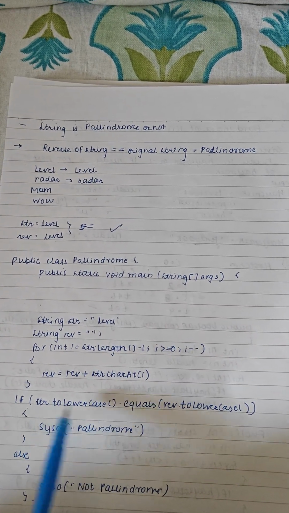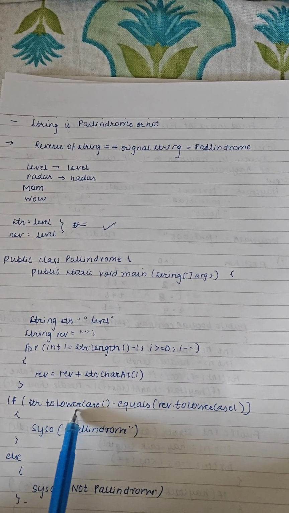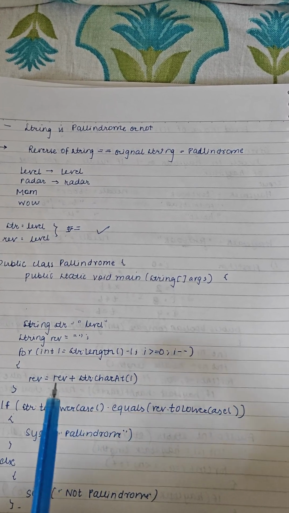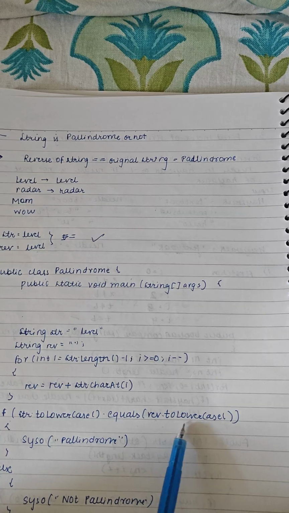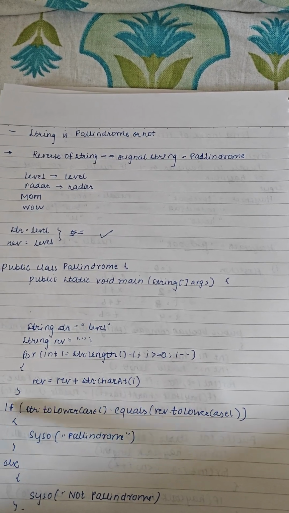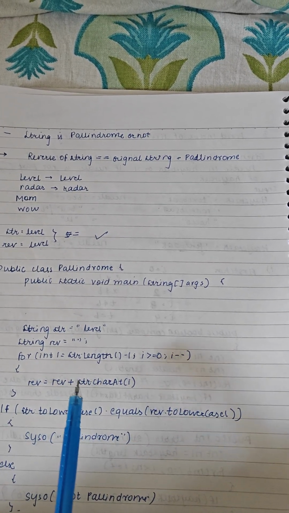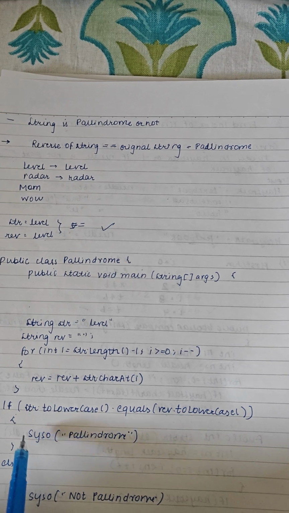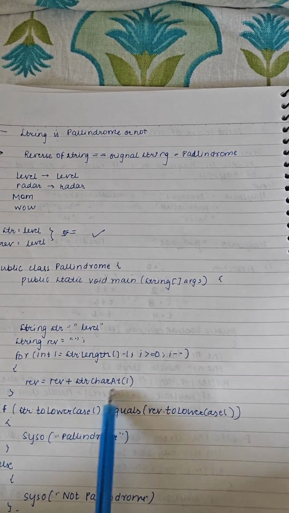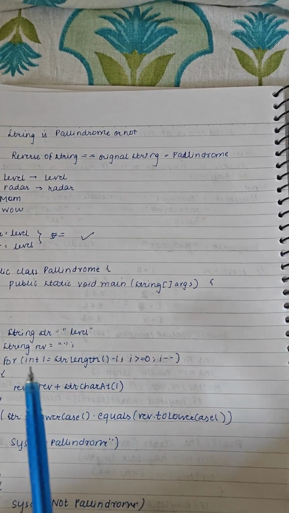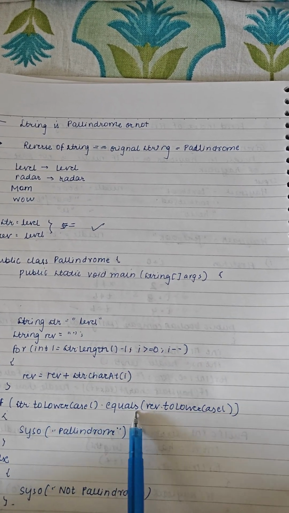Then the if condition compares str toLowerCase, so it checks with all cases, upper as well as lower, dot equals toLowerCase. If both are the same, it will return that it is a palindrome, else it is not a palindrome. So this is a very easy question: we just reverse the string and check whether they are equal or not.